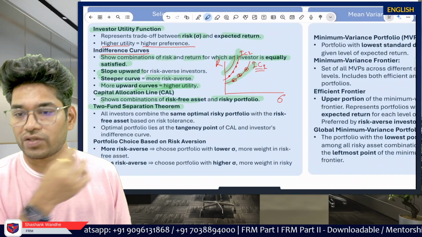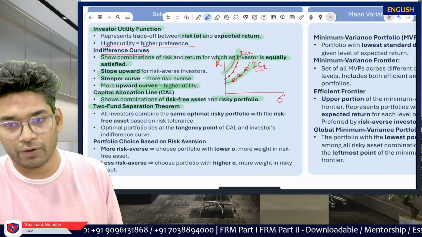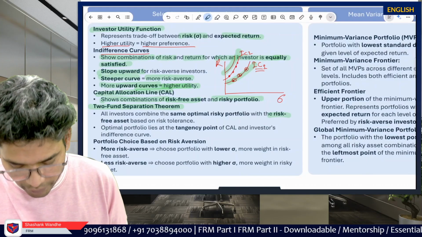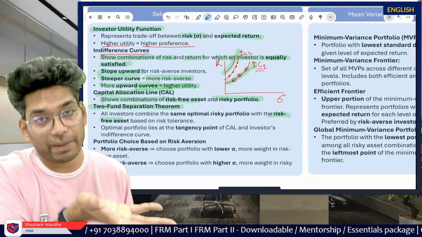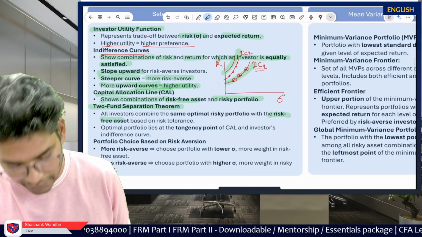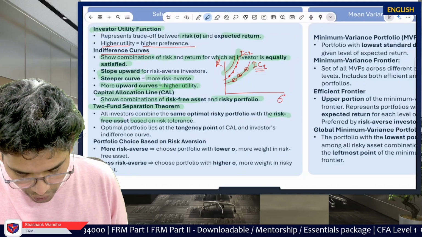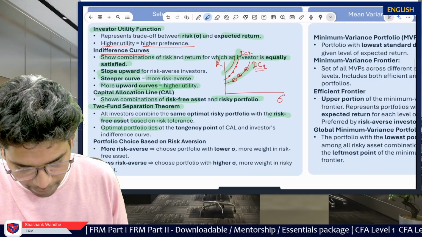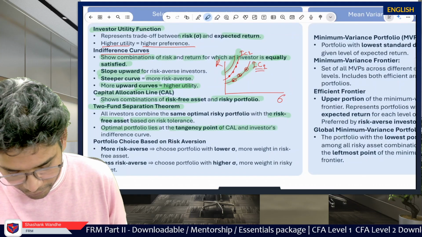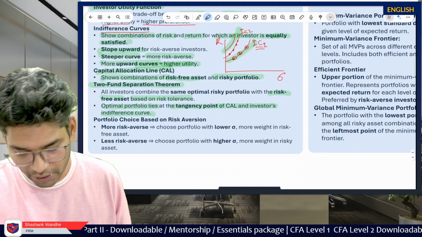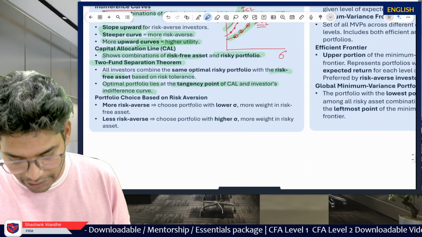In the optimal risky portfolio, the same optimal risky portfolio, you can include the risk-free asset. This is the two-fund separation theorem. It assumes the optimal risky portfolio plus risk-free asset. It is based on the risk tolerance, and the optimal portfolio lies on the tangency point of the capital allocation line and the investor's indifference curves. Again, we will see it later.